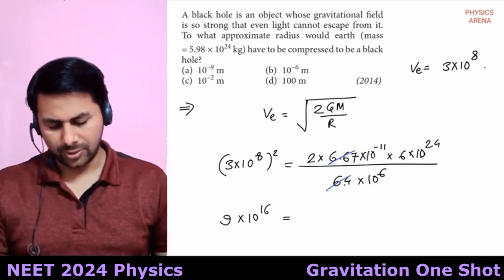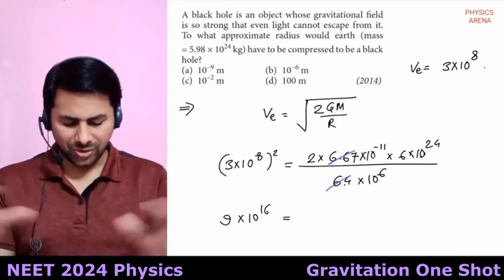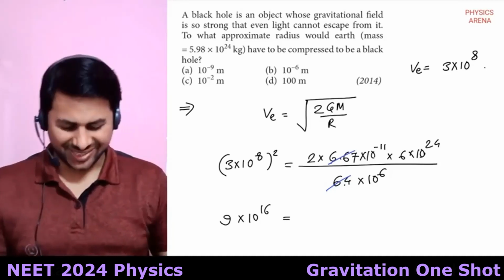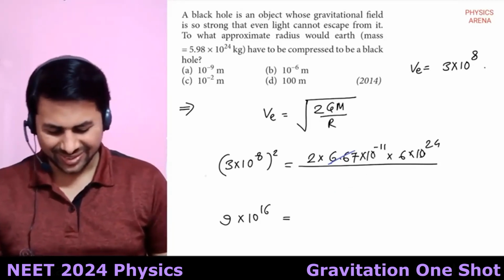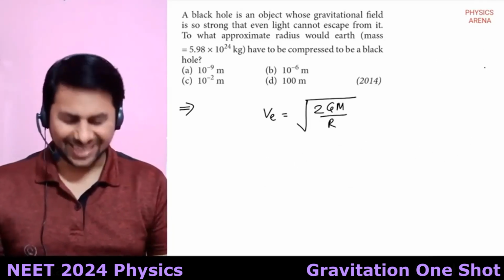Oh, no, I made a horrible mistake here. How much should Earth be compressed is the question, so we cannot cancel it out. I'm sorry, I substituted values on this side and that side.